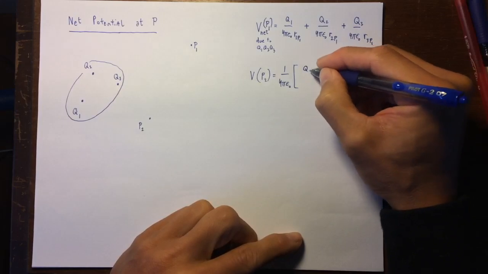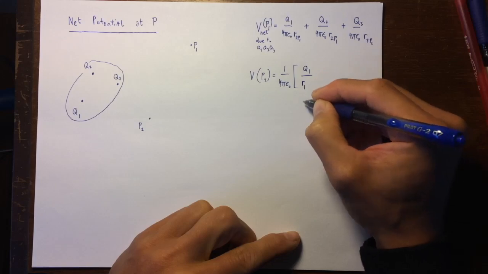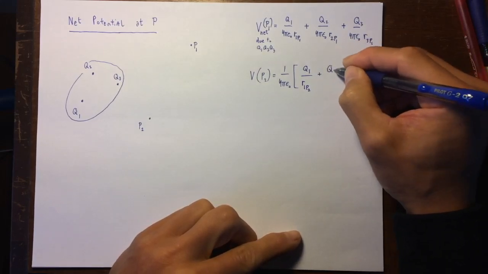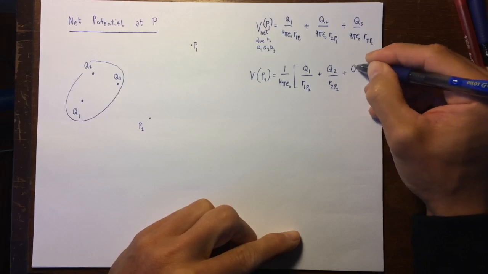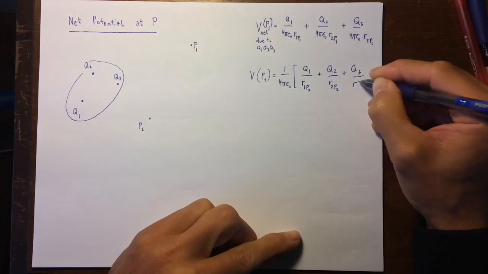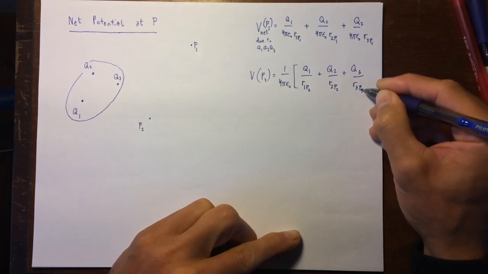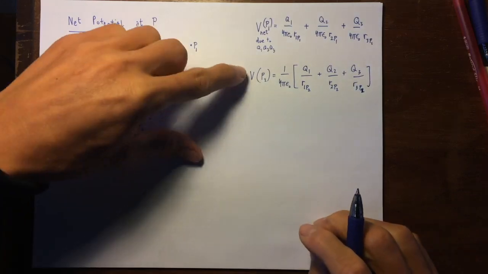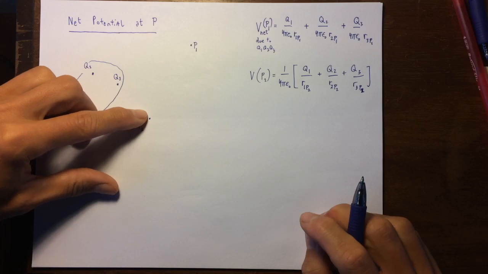So it's Q1 divided by the distance between charge number 1 and position number 2, plus Q2 over the distance between charge number 2 and position number 2, and Q3 over R3P2, excuse me, right? So that's the potential at the place P2.